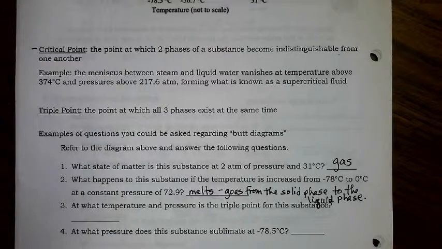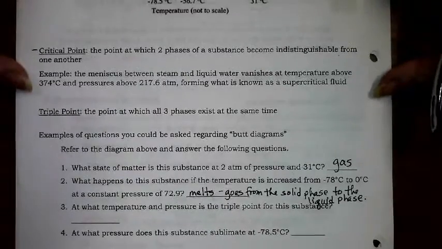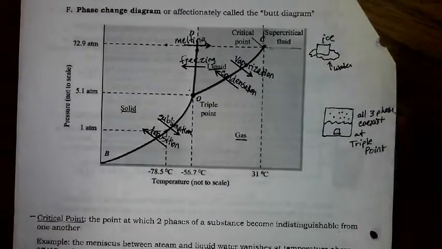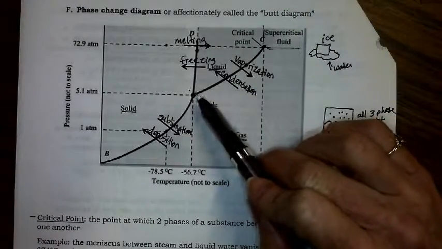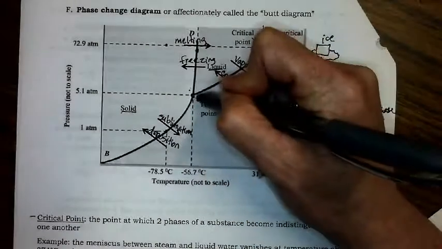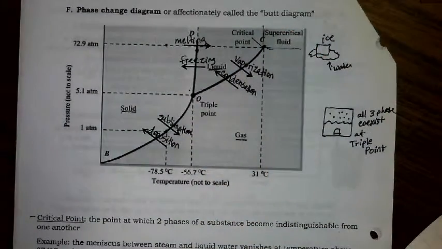So now number 3, at what temperature and pressure is the triple point for this substance? Well, the triple point, remember, is where all 3 of those phases can coexist. So you look right at the point on the diagram where all 3 lines come together. This point right here is the triple point.